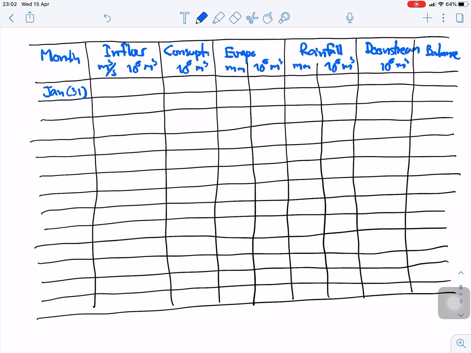Let's say the first one is January and the second one is Feb, 28th day. So we can write given the inflow.